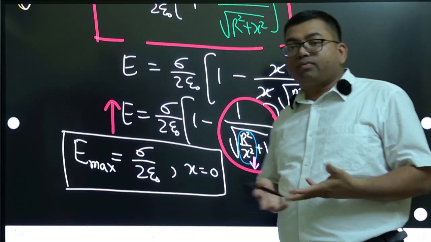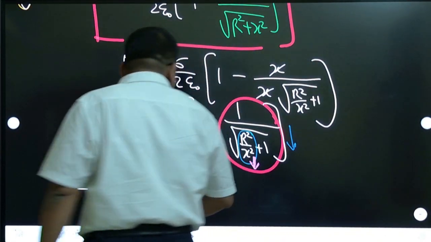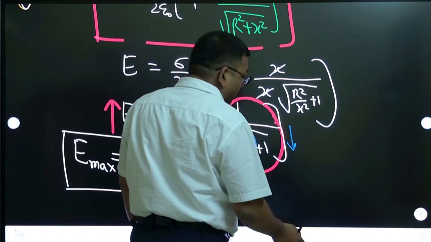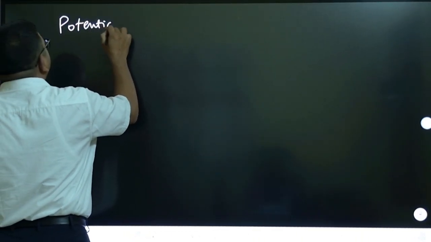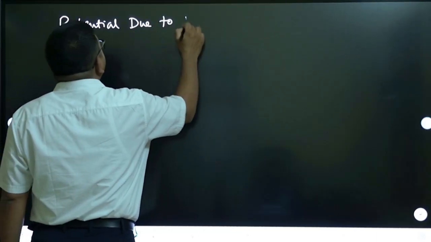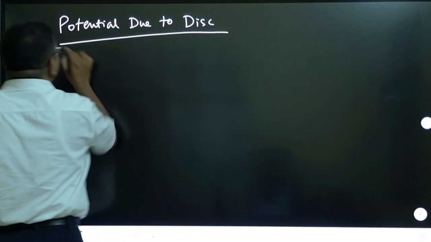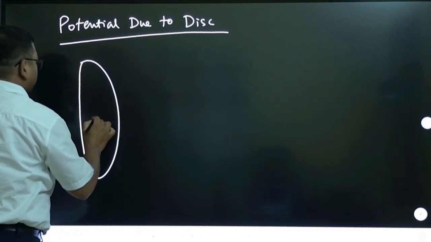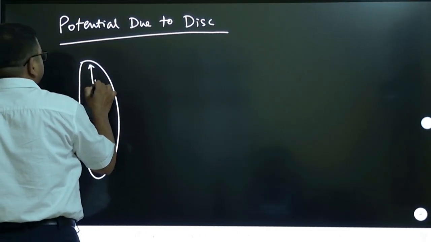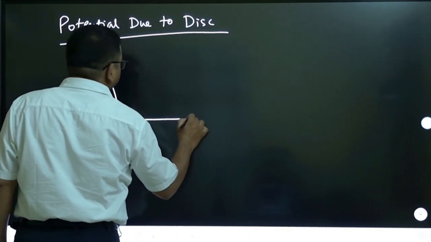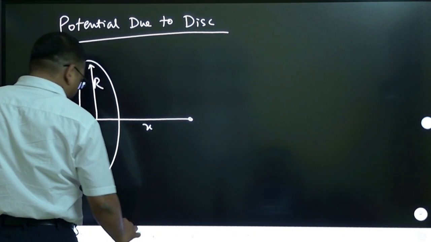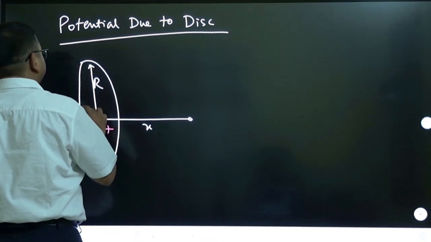Next, so this is about the field. Then what about potential? Potential calculation you have to do in the same way. Potential due to disk. Same way, this is R and this point is x. It is a uniformly charged disk.